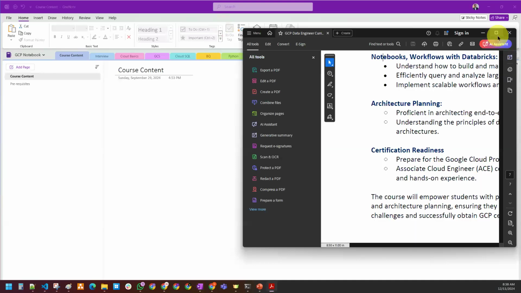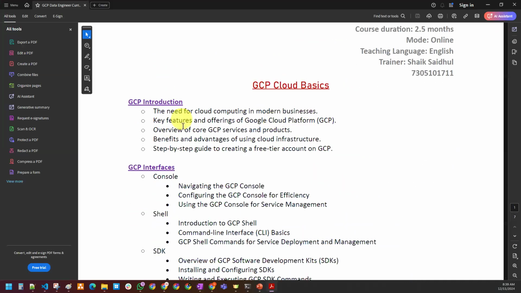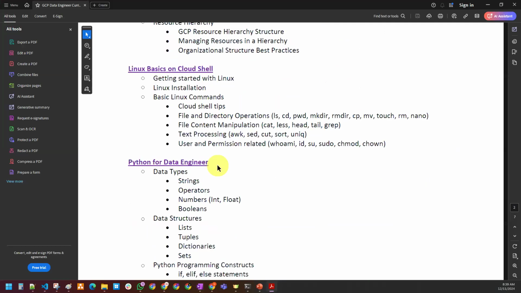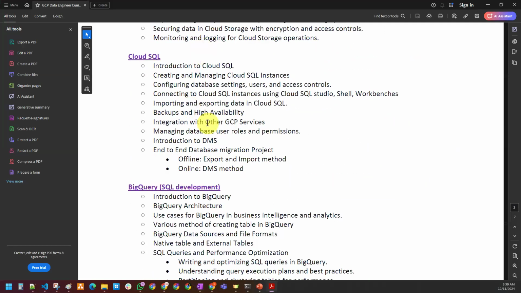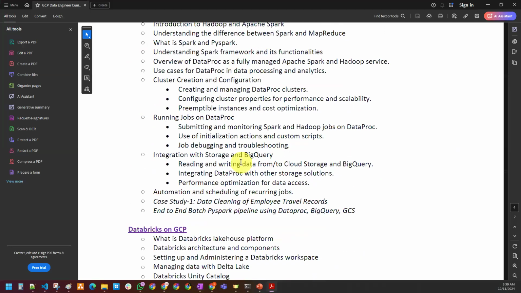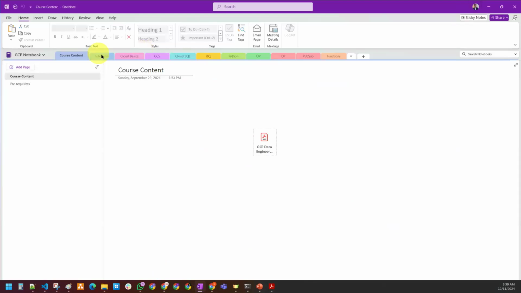Here we have everything, the detailed course curriculum: introduction, console, locations, Linux, Python, Cloud Storage, Cloud SQL, BigQuery, all of the concepts are here. Whatever we are going to cover, each and everything. Instead of me going there, I'll try to show it here.